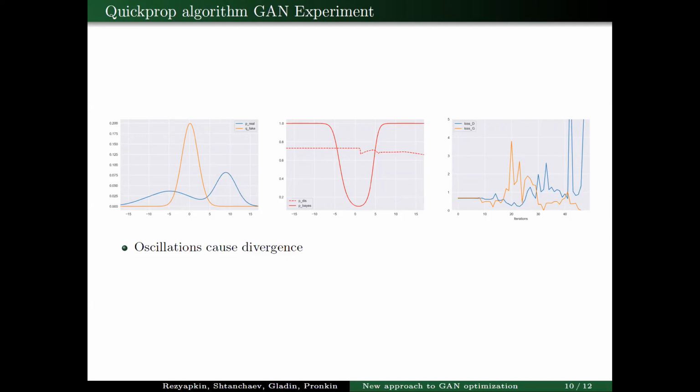You can see it explodes after a few iterations, namely 50 iterations in this case. We could not make it converge. It always diverged, and it blew up after a couple of dozen iterations. And the possible reason for that would be the oscillation that you've seen in the previous slide. The oscillations might cause the algorithm to diverge.